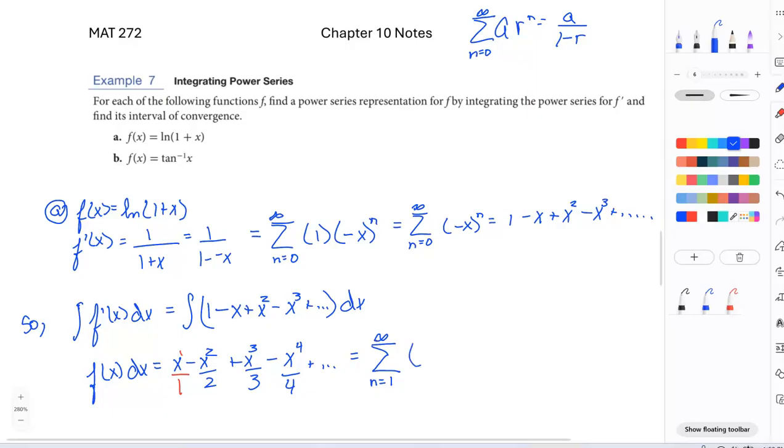That first term is going to be positive, so I'm going to say negative 1 to the n plus 1. That will give me an exponent 2. Then my second term is going to be negative. If I plug in a 2, I have negative 1 cubed, which gives me that negative. So there are my signs, and this is going to be x to the n over n. There's the power series representation for that one.